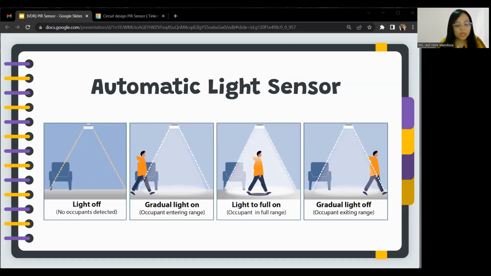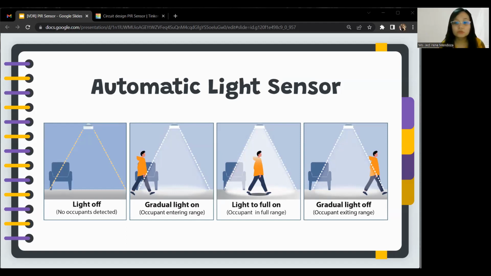With this, the PIR checks if there is movement around, and if movement is detected, it will automatically turn on the light. So while you are in the restroom, the light is still turned on because the PIR sensor detects your movement, that is, if you're moving. But if you're just standing still, the PIR sensor will not detect you and it will turn off the light, because again, a PIR sensor is a motion sensor.